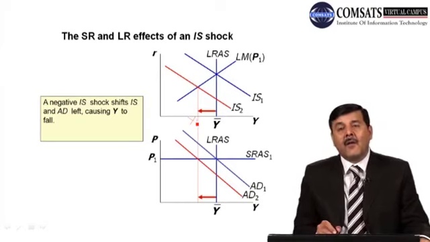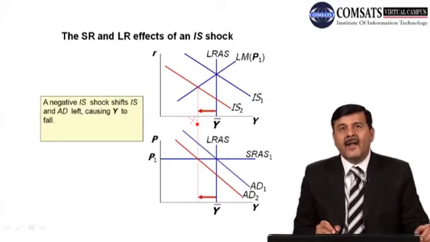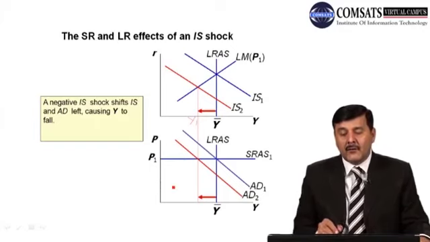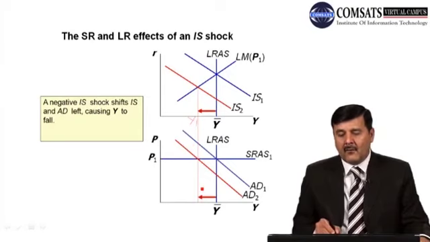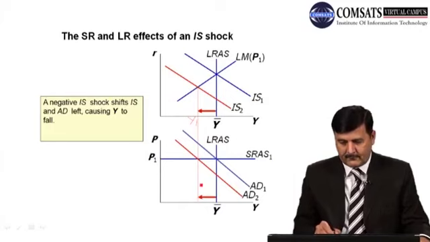जब income में कमी हुई due to this negative IS shock, what will happen to the aggregate demand curve? The aggregate demand curve will come down from AD1 to AD2. So corresponding to this Y1 level, we have Y1 output level here.